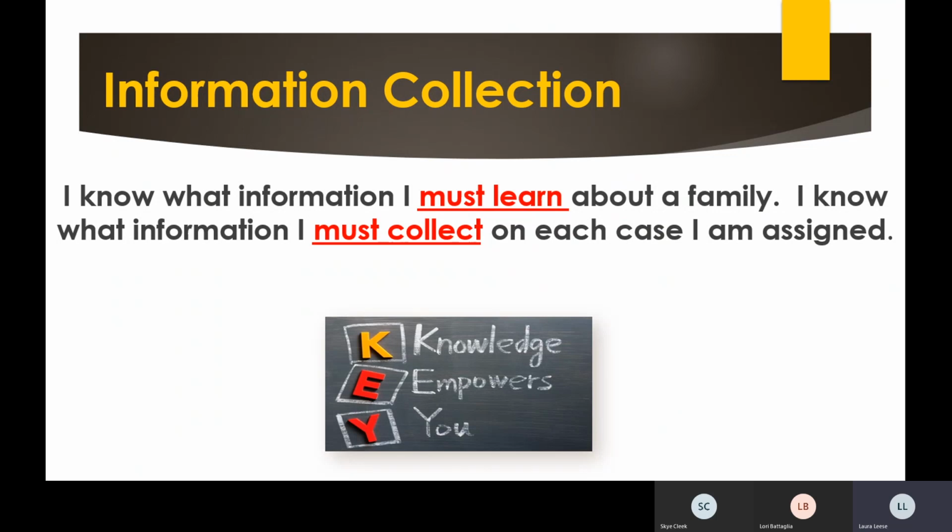We need to also understand on the back end that we know what information we have to learn about a family. The information collection is critical because there are several elements of the family functioning assessment in which we must identify and collect various forms of information, we call them domains, so that we can best serve our families and help them identify some of the areas they have to work on.